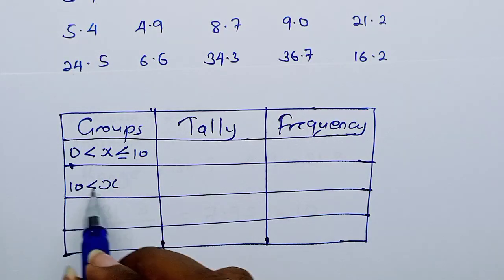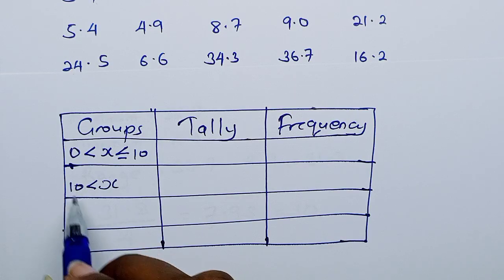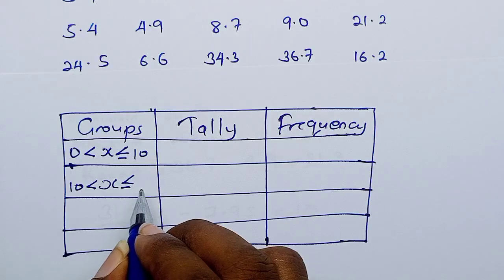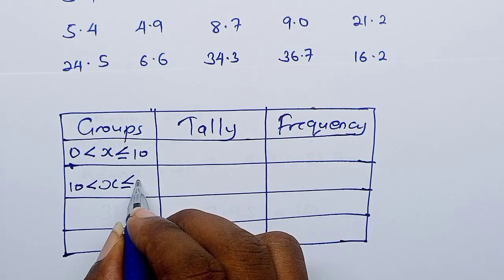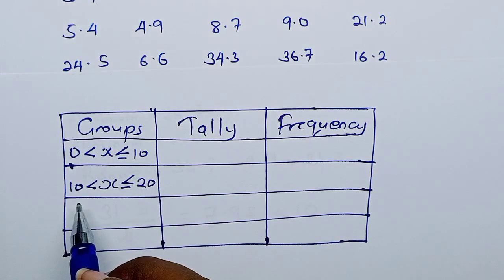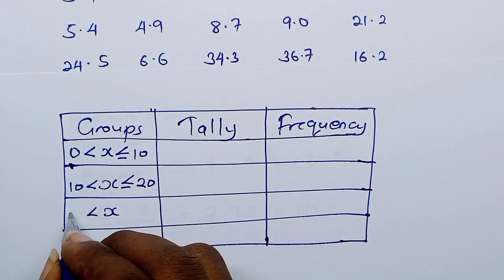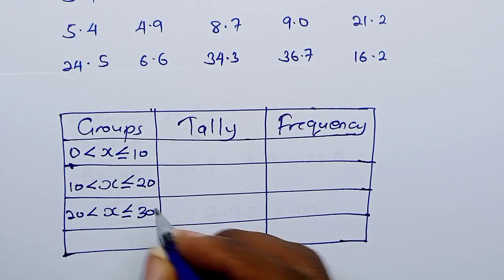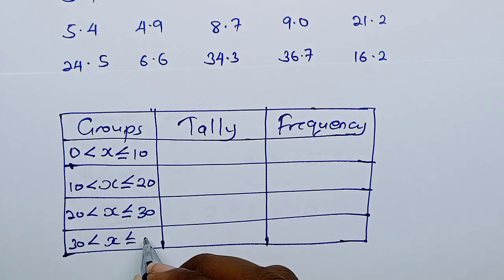That means our starting value is actually 11, since we are saying x is greater than 10, and it should be less than or equal to 20, since our width is 10. The next will be x greater than 20 but less than or equal to 30. The next will be x greater than 30 but less than or equal to 40.